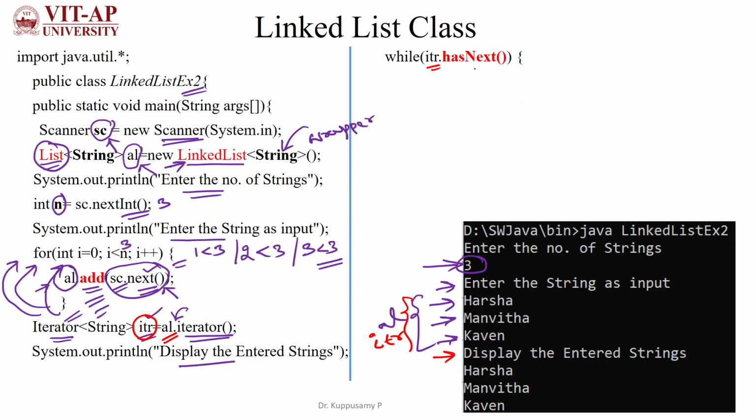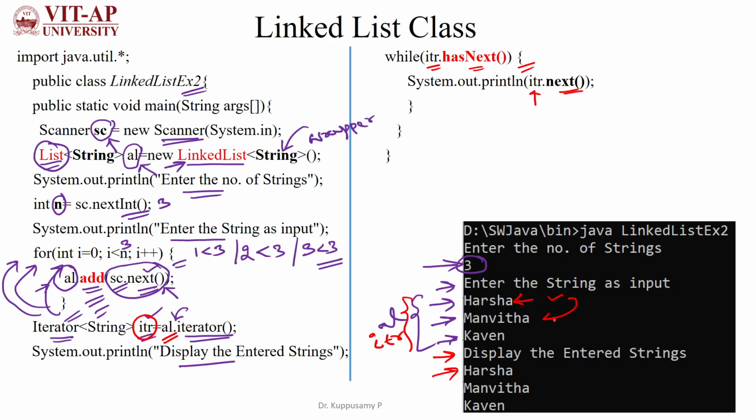Now itr checks hasNext, yes, it has a value, so it gets inside the while loop, printing the current element, Harsha, so Harsha is printed. Then it moves to the next value.